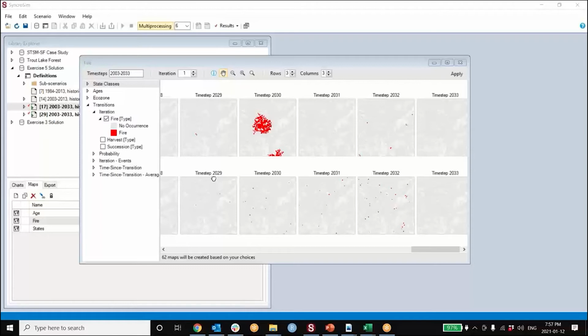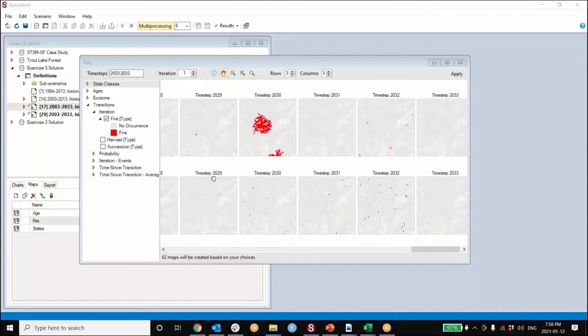But having said that, the way you could do it is using that pause feature that I talked about at the last exercise, where you could run your model forward one time step, stop, take your projection of your landscape and your age, so your state and age, those are two rasters that you have at a particular time step in the future, pass them to an external model, like a fire model that you might already have, run that fire model, say a fire behavior model, for that 1 year, have it predict where the fires would occur based on what it sees for the landscape.